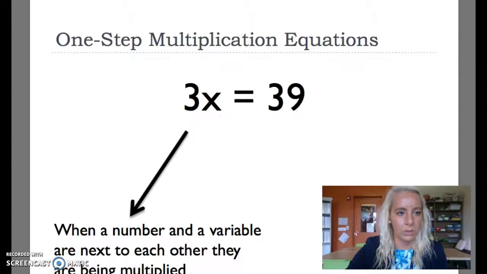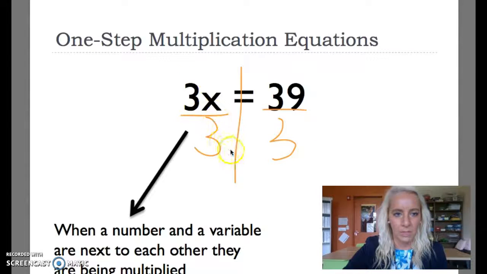So I'm going to divide both sides by 3. My 3's cancel out, so I'm left with x is equal to 39 divided by 3, which is 13.